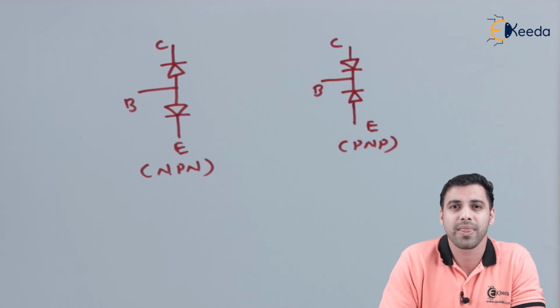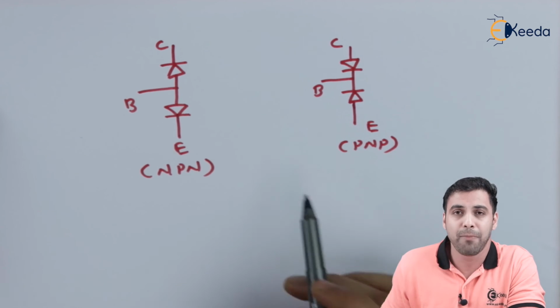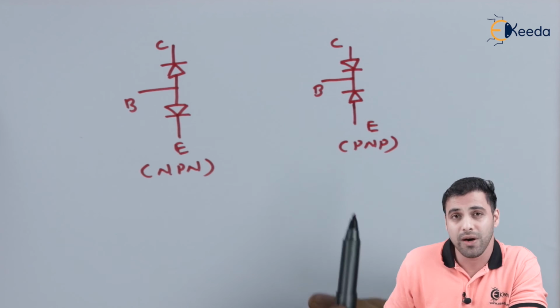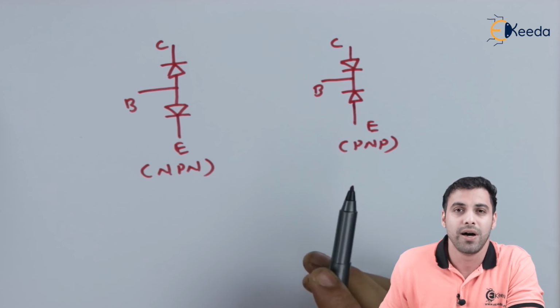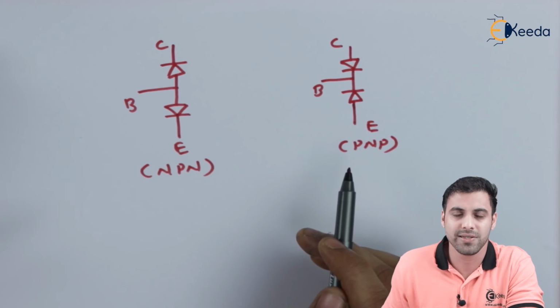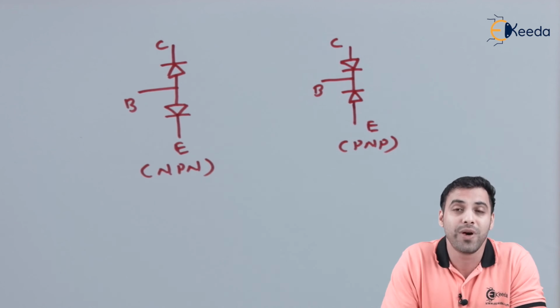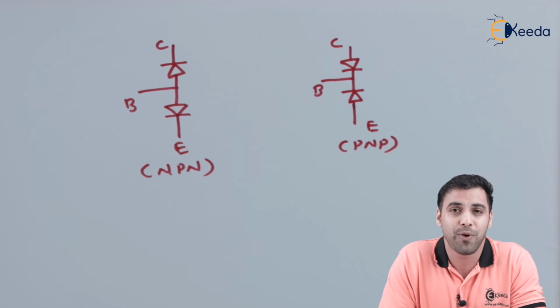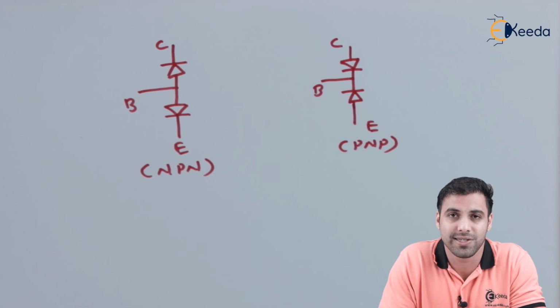So friends, now the difference between a power bipolar junction transistor and a normal bipolar junction transistor is that a normal bipolar junction transistor can be used in many applications, but the amount of electric current and voltage that it can withstand is extremely less compared to a power bipolar junction transistor.